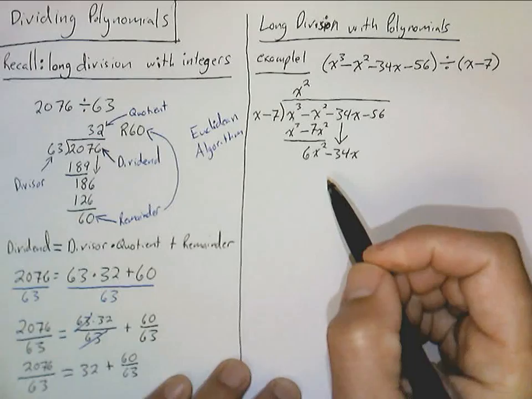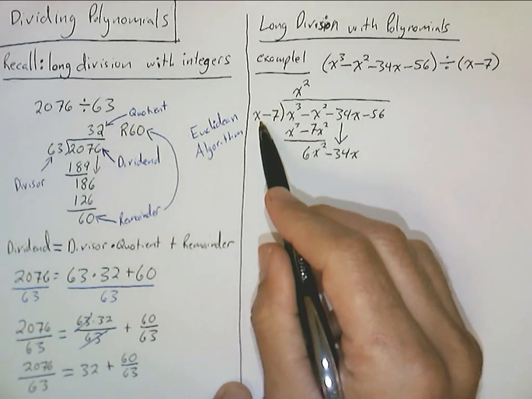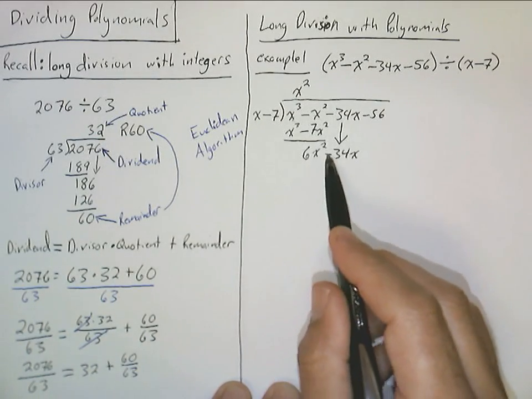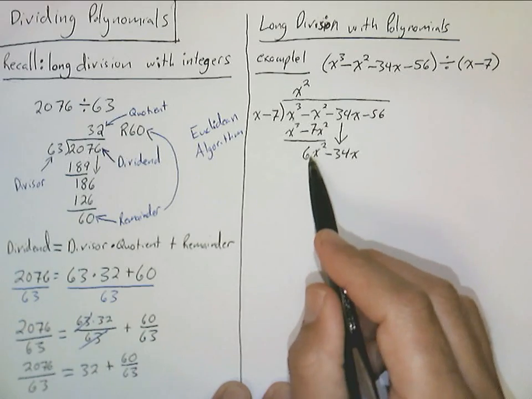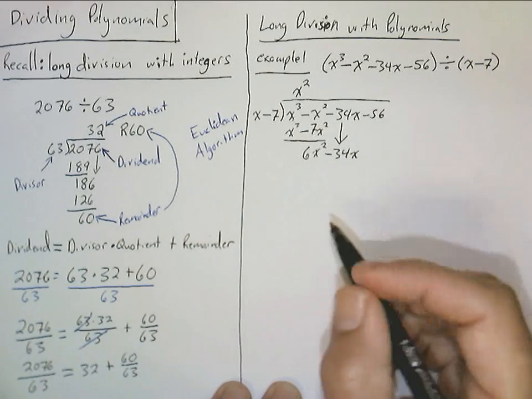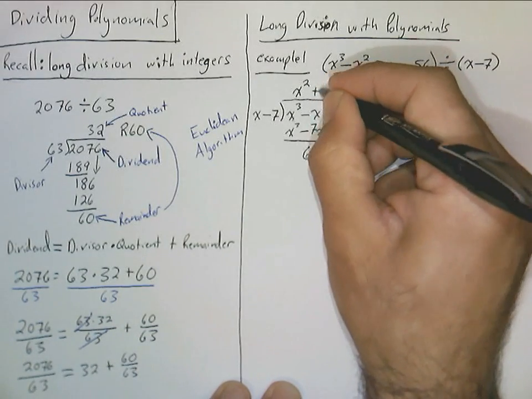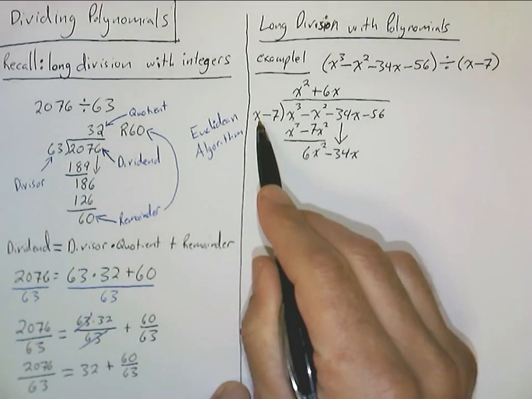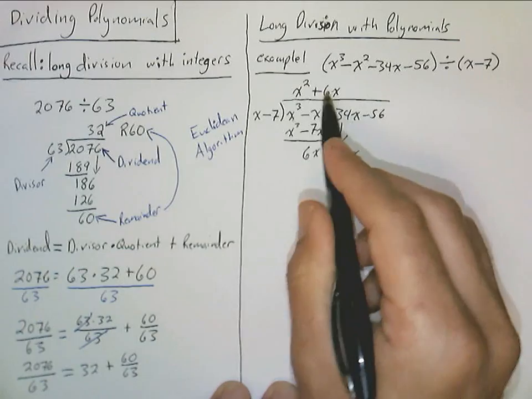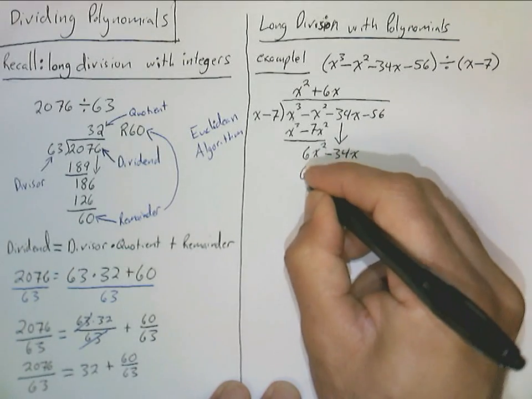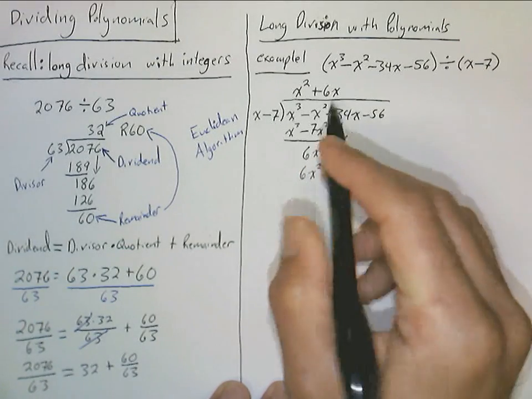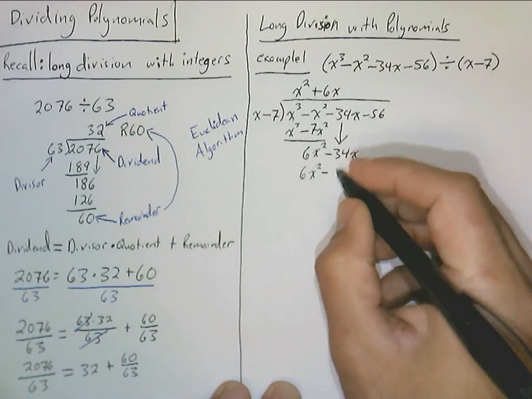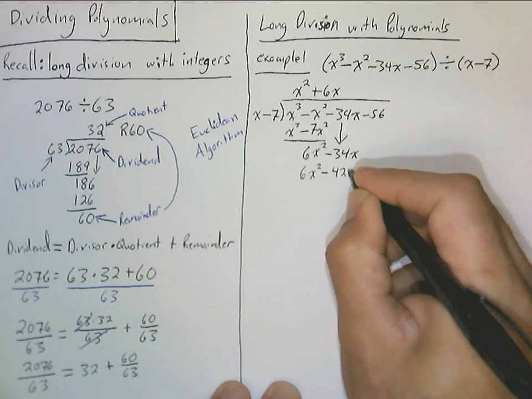Then we ask ourselves, well, what do I need to multiply x minus 7 by to get a leading term here about 6x squared? Well, of course, that's going to be 6x. So we multiply 6x times x minus 7 and put that down here. 6x times x is 6x squared, minus 6x times 7 would be 42x.